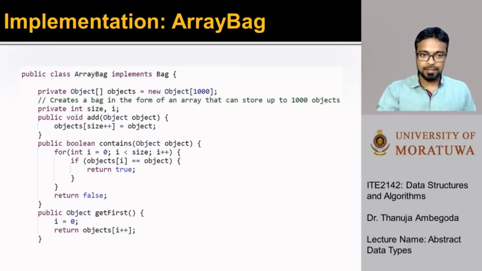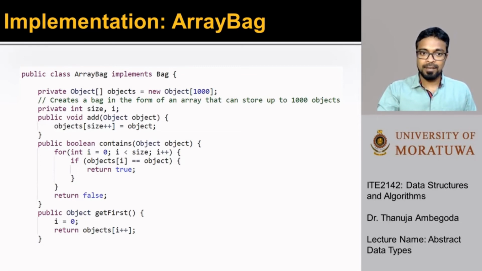The next method is defined as public boolean contains object. It returns a boolean value depending on whether the array bag contains the input object. Basically, it has a for loop that iterates over the array objects.